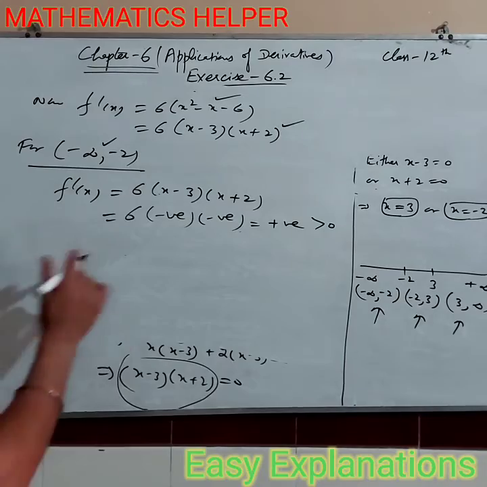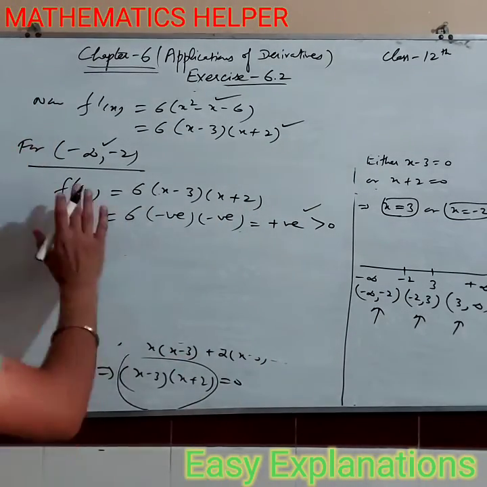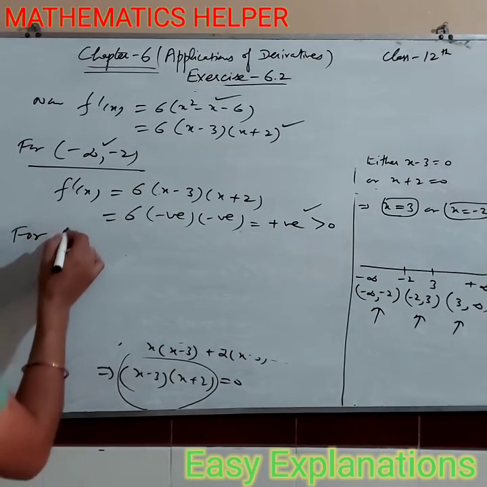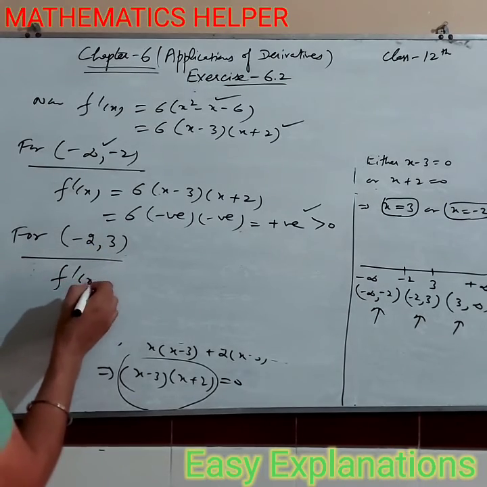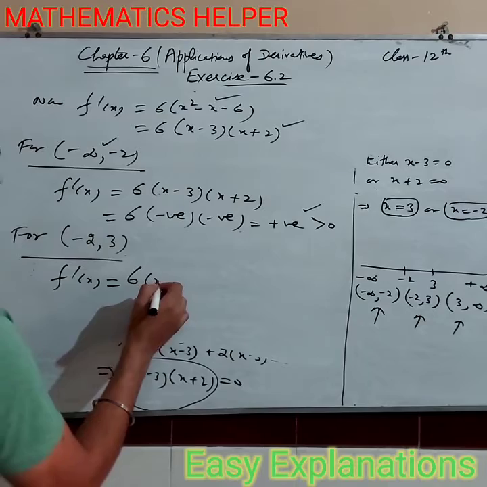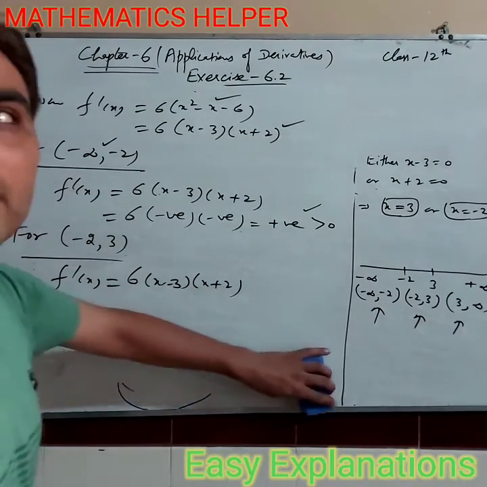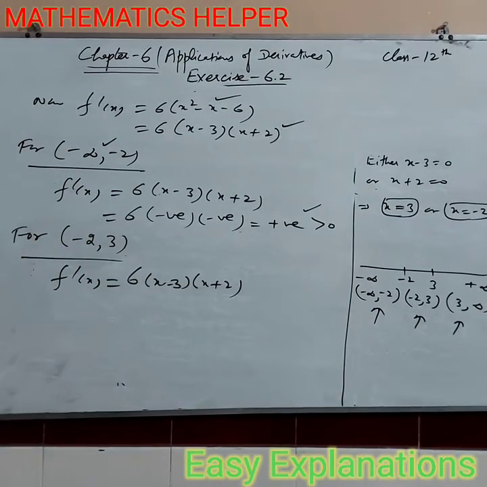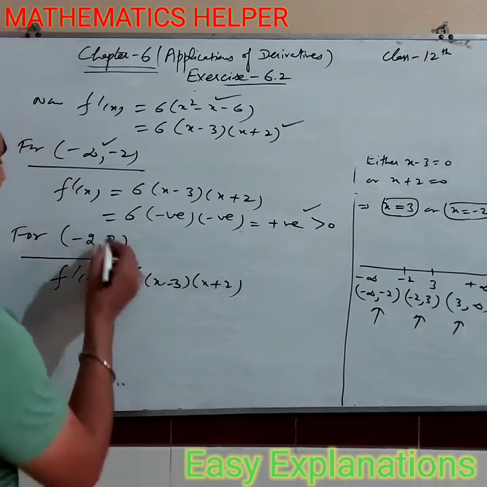Now, you have to remember only in that we will declare where it is increasing or decreasing. This is for increasing because the derivative is greater than 0. Now for the second interval, for minus 2 to 3, the derivative is 6 times x minus 3 into x plus 2. What about its value for minus 2 to 3?